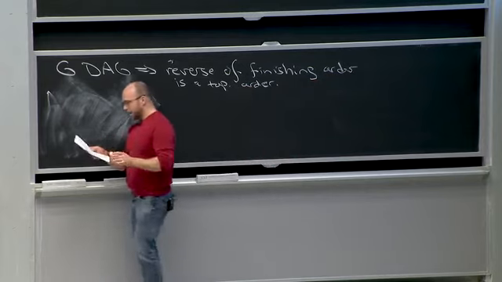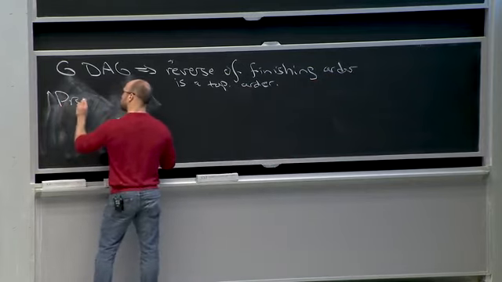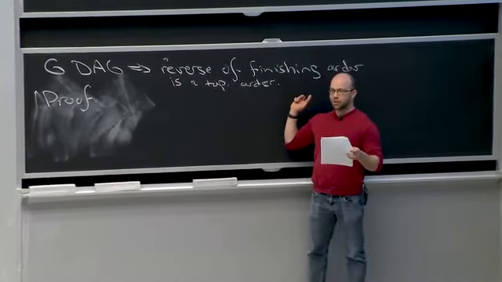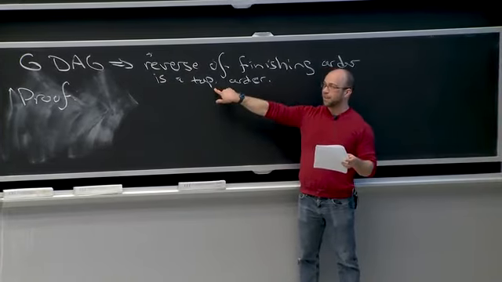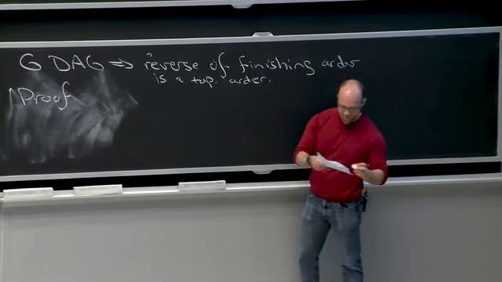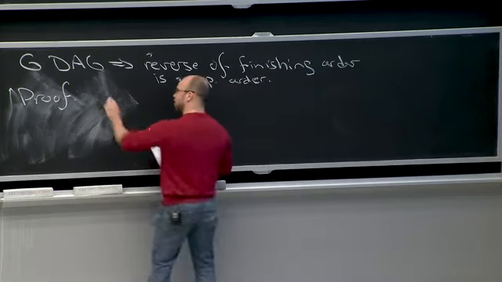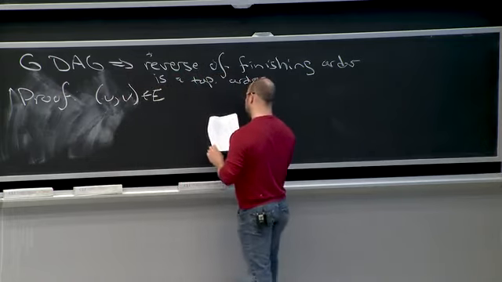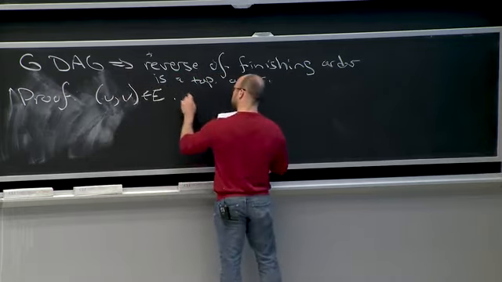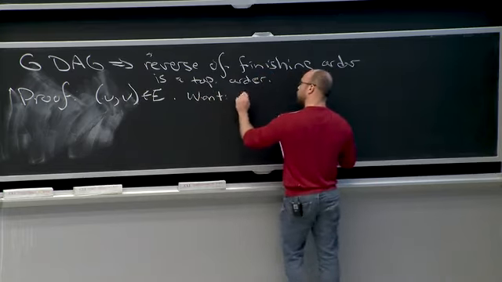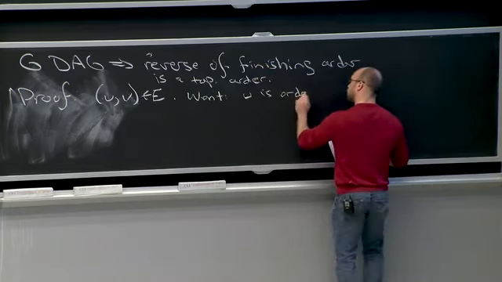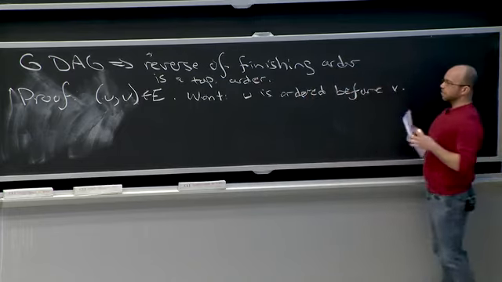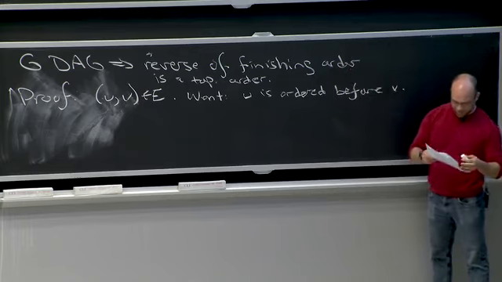Okay, so we need to prove this thing. So what are we going to do? Well, what we need to check for a topological order is that if I look at any edge in my graph, it obeys the relationship that I have on the screen here. In particular, we're going to take the edge (u, v) inside of my set of edges, and then what I need is that u is ordered before v, using the reverse of the finishing order that we've defined here.